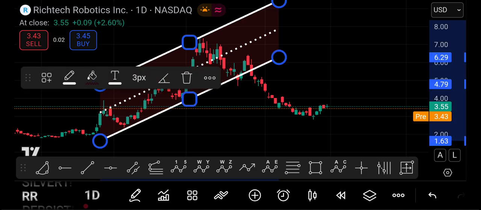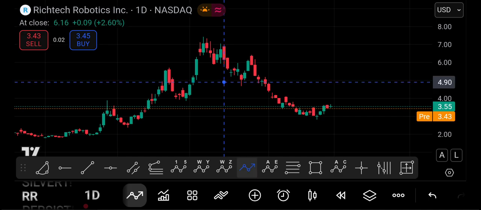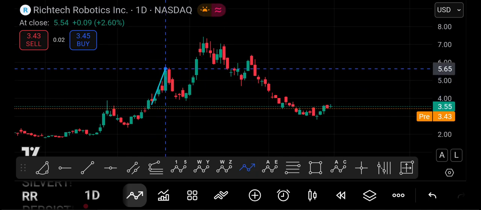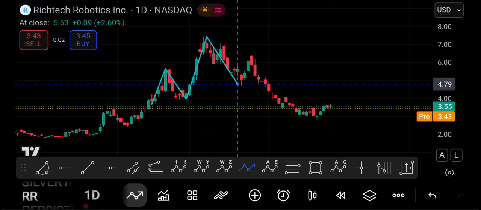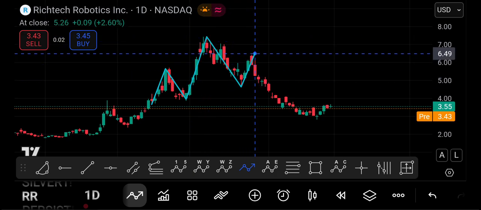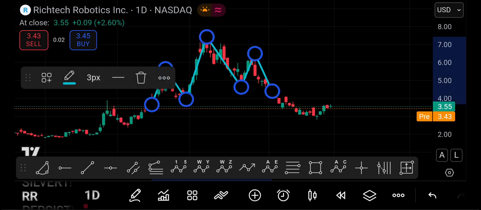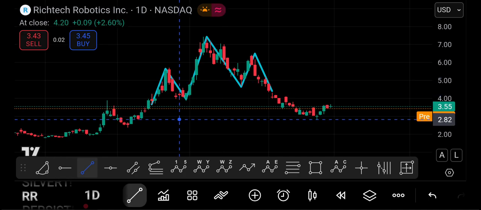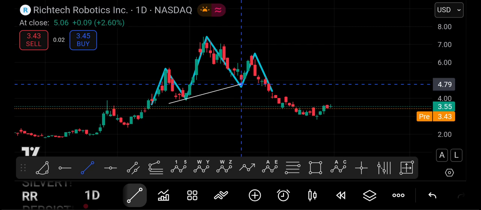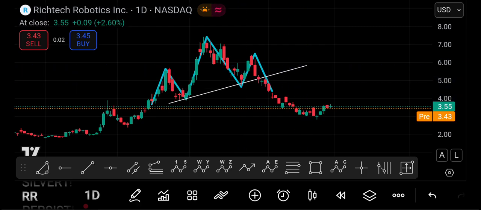And if you take a closer look over here, there was a negative chart structure, a head and shoulder pattern which already got triggered on the downside. This head and shoulder pattern is on a slightly sloping angle.